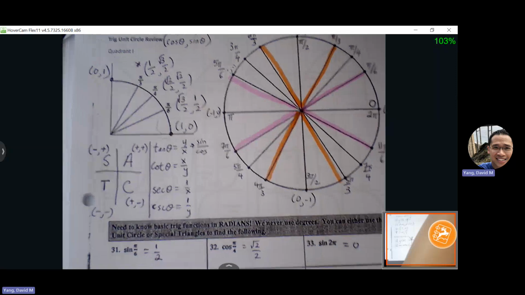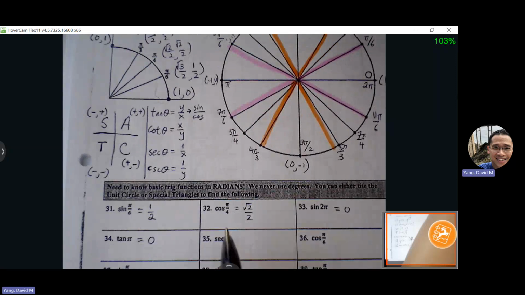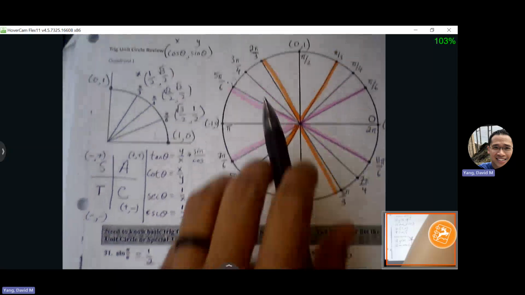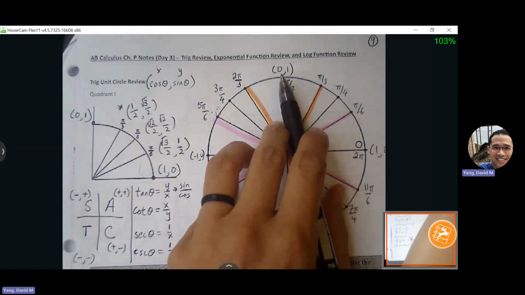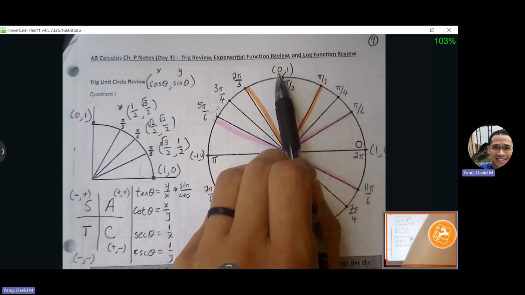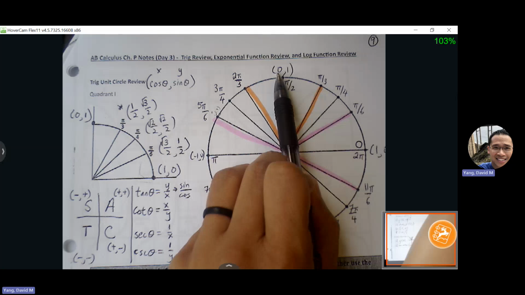So for instance, secant of pi over 2. I know secant is related to cosine. So let's find cosine first, and then we can flip cosine. We know cosine of pi over 2 is x. It's just 0. Now think of 0 as 0 over 1.